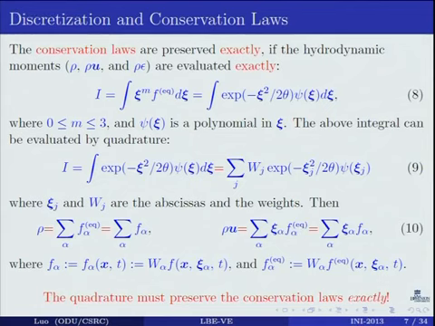Now, since we're computing the moments of the velocity distribution function, and we discretize the velocity space, the moments calculation becomes a quadrature of those integrations. And we must demand that the integration and this quadrature be equal up to a certain order for all the hydrodynamic moments as well as their fluxes.